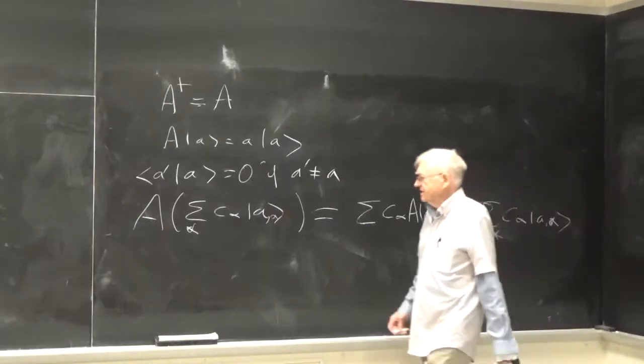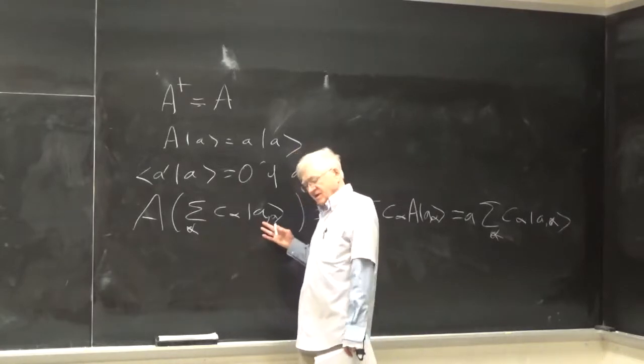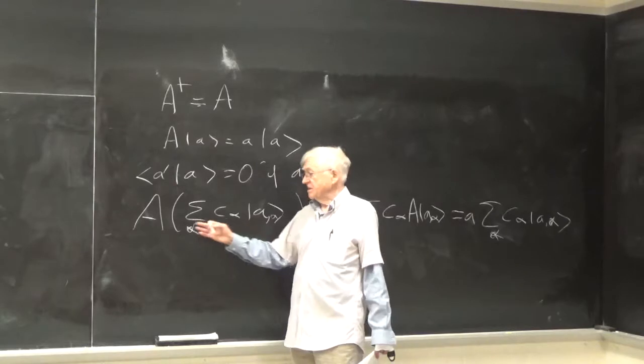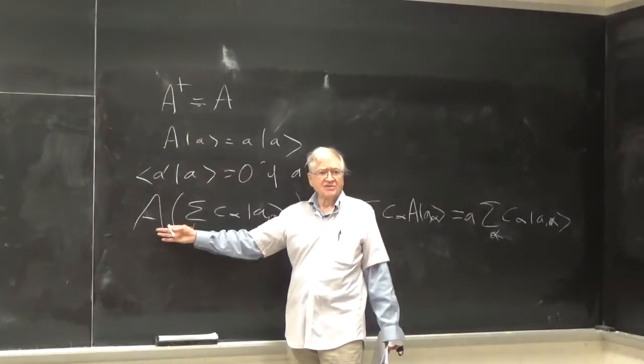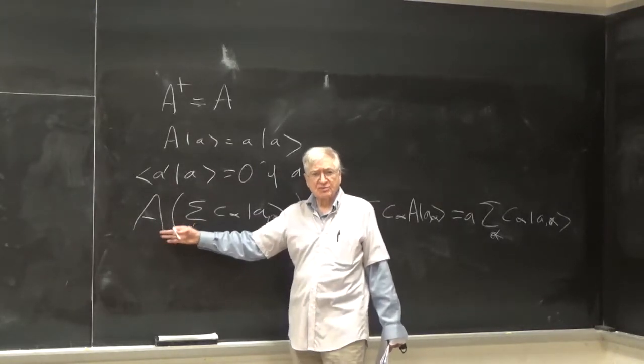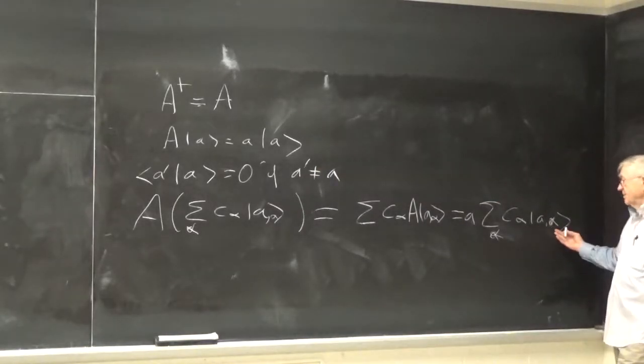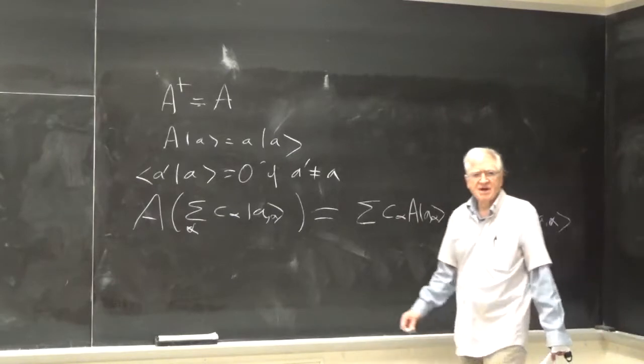So basically the space of degenerate eigenvectors is invariant under the action of the Hermitian matrix, because it just maps it into the same thing because the eigenvalue is the same.